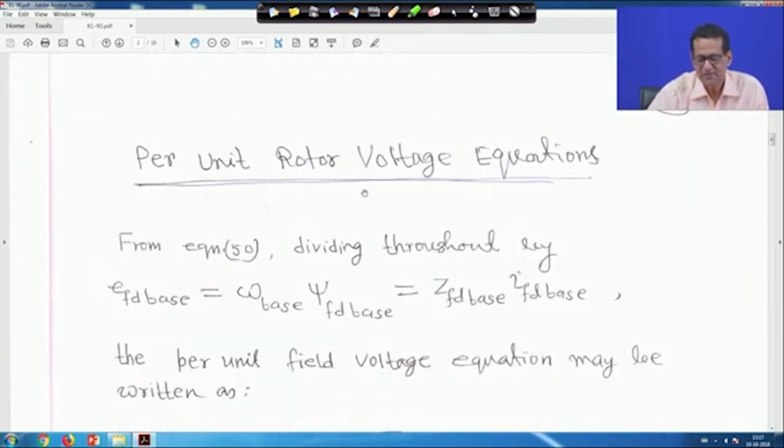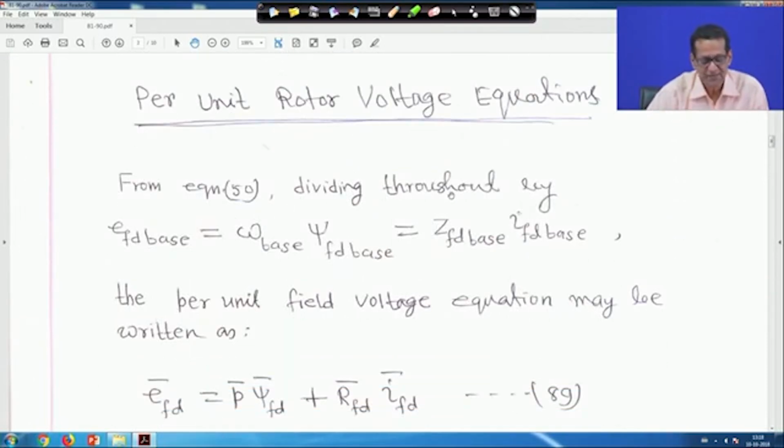Next is per unit rotor voltage equations. Now from equation 50, divide throughout by EFD base, that is the field voltage, field side, where EFD base is equal to omega base into psi FD base, which is equal to ZFD base into IFD base. Same philosophy as the stator, here it is the rotor.